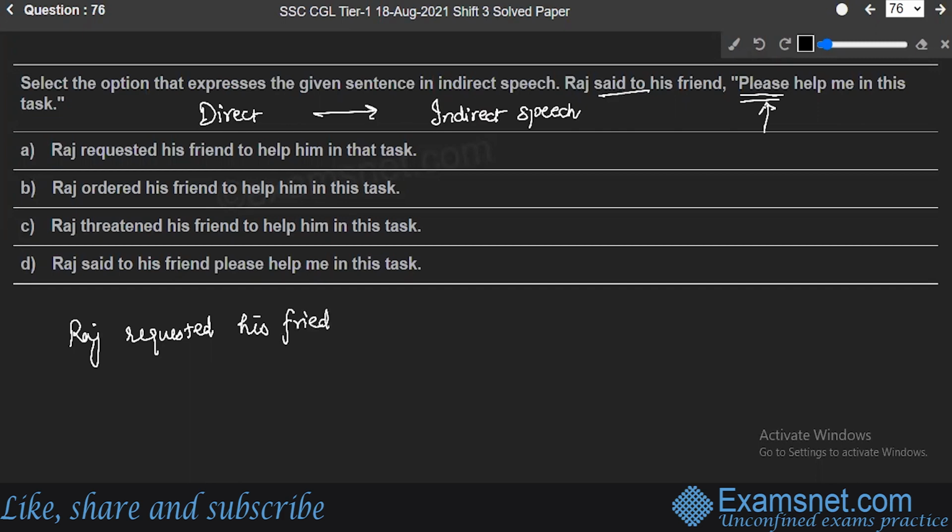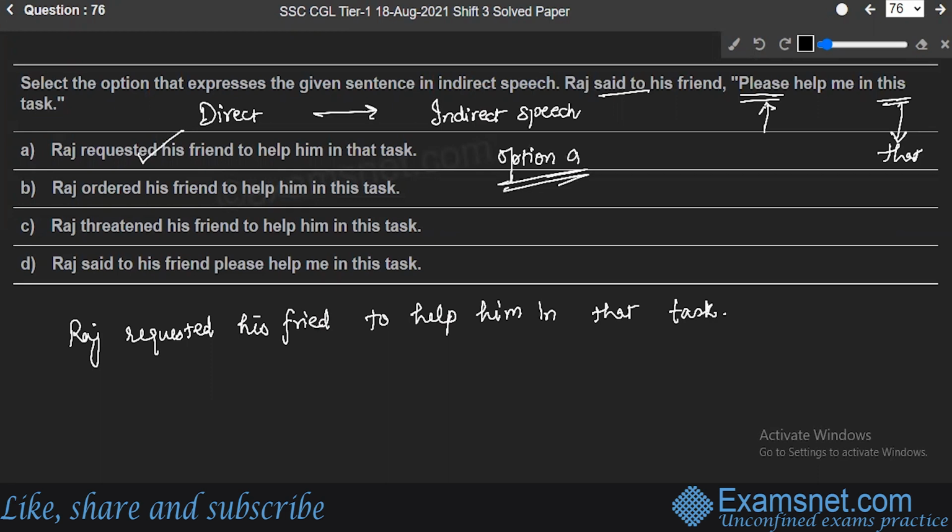So it will be Raj requested his friend to help him. This will be changed to that in that task. Right? So option A is the correct answer. Raj requested his friend to help him in that task is the correct answer to the question. Hope you are clear. Let's move to the next question.